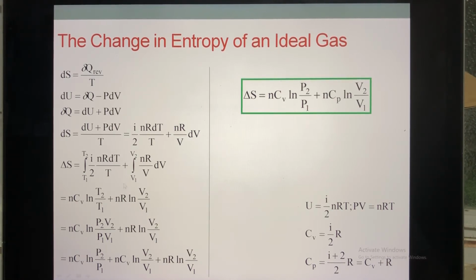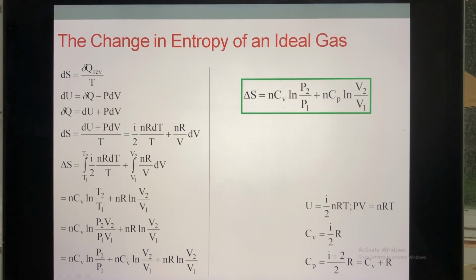Next, you know that T2 over T1 can be rewritten through P and V, because PV equals nRT. So instead of T, you write it through P and V, and here you have the log of P2 over P1 times V2 over V1.